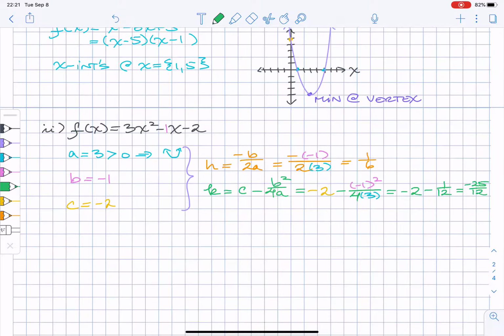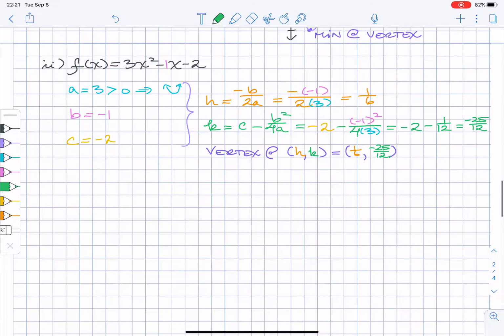So my vertex will be at h comma k, which for us is 1/6 comma -25 over 12. It's terrible.